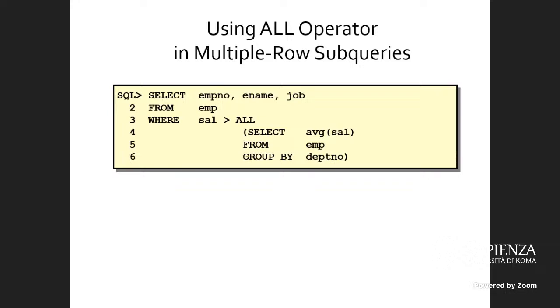That's the average. What this result set will bring, since we are saying greater than ALL, means more than the maximum. The maximum of the salaries we have here is 8,500. The employees or the result set we will be getting here would be those whose salary is greater than the highest of the average salaries, the maximum average salary that we have here.